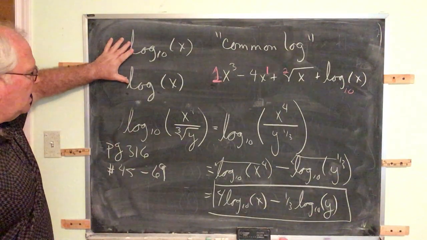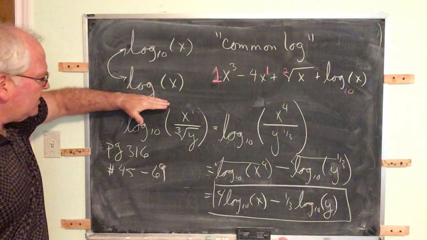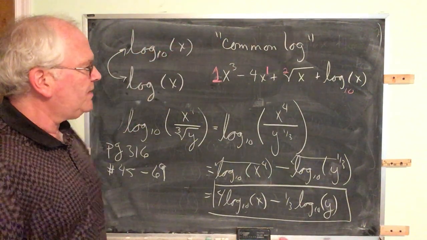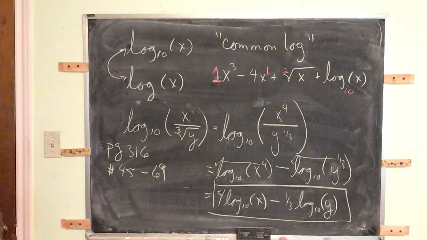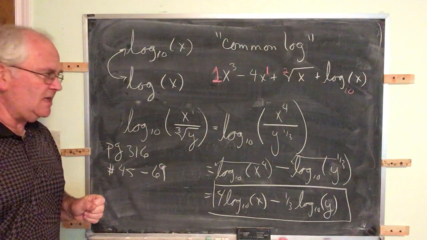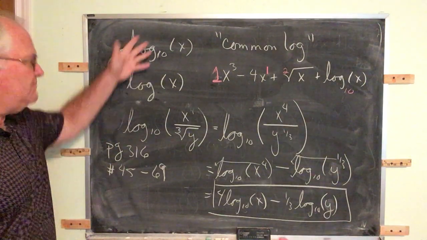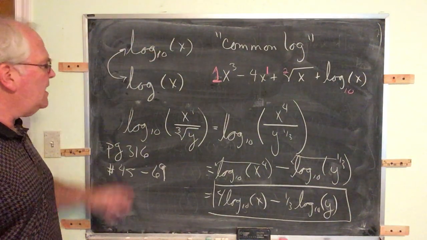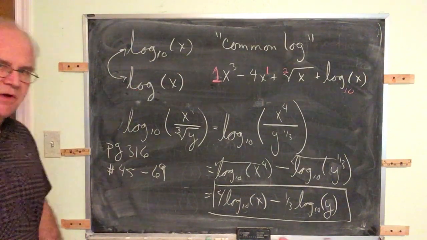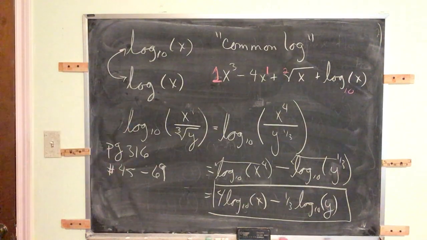That's called the common log. Most of the work that you'll do in calculus revolves around the natural log, log base e. And so, again, that's just sort of an aside. And if you ever have reason to hit log on your calculator, you're doing logarithm base 10.